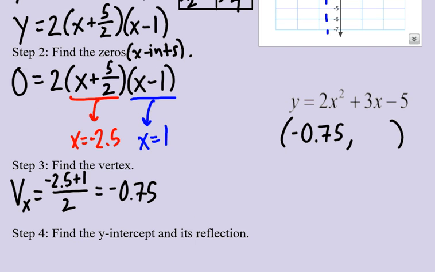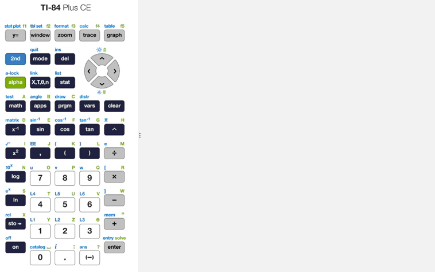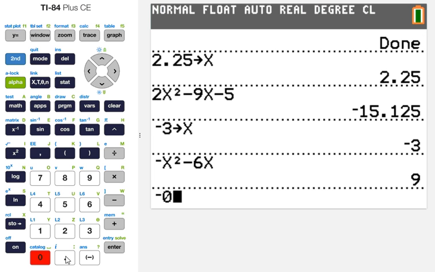If I have the x-coordinate from my vertex, how do I find the y-coordinate? I substitute this value in my equation in for x. In class, we've been doing that by storing that x-coordinate in for x in my calculator and then typing in the equation. So I will type in negative 0.75, store it for x, and hit enter.